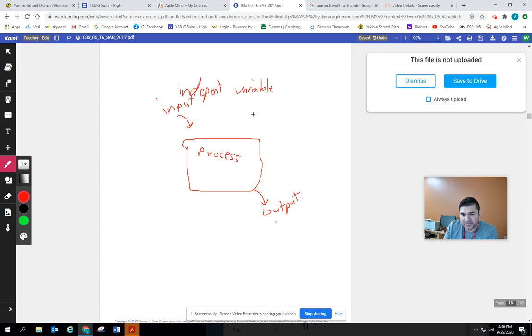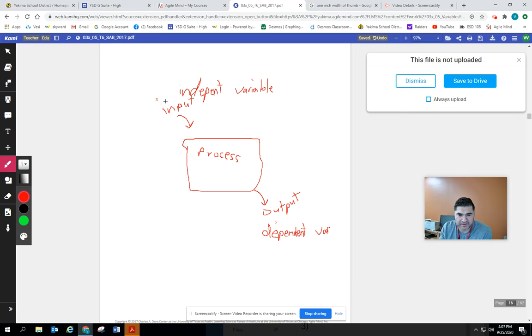If you put in an independent variable, what would be the opposite of independent? Well, that would be dependent. I'm just going to put var for variable. Dependent variable.